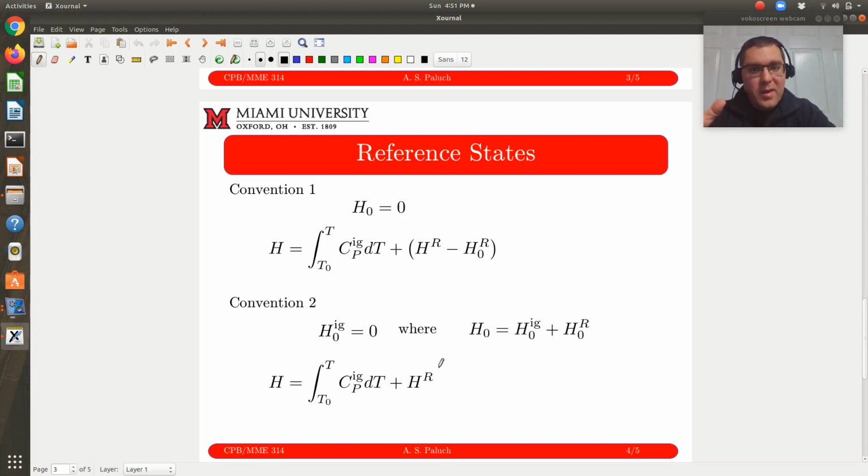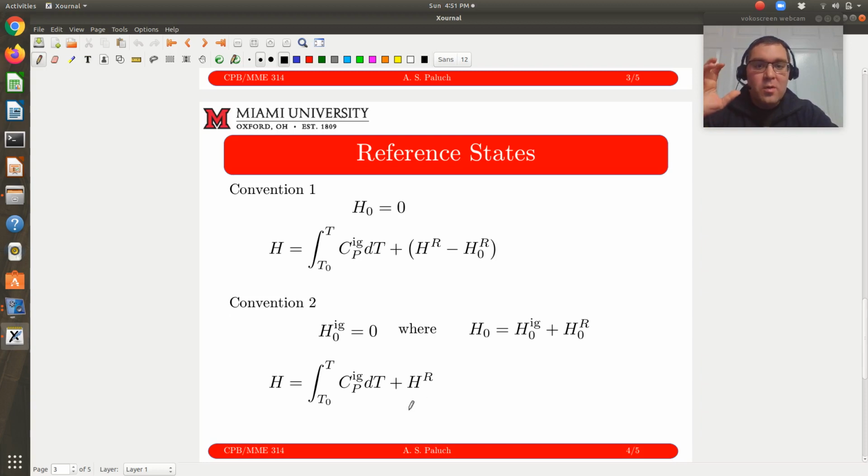So again, the big takeaway with reference states is that in thermodynamics, in general, all we care about are calculating differences in properties. But there are occasions when defining something that looks like an absolute value can be of convenience or can make life easier, such as tabulating data in the steam table.